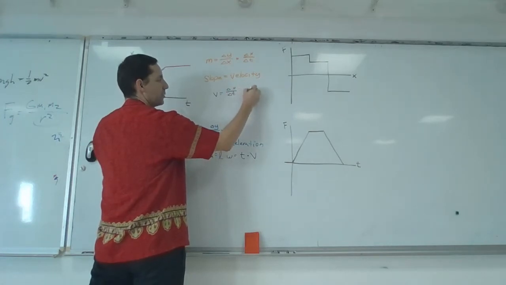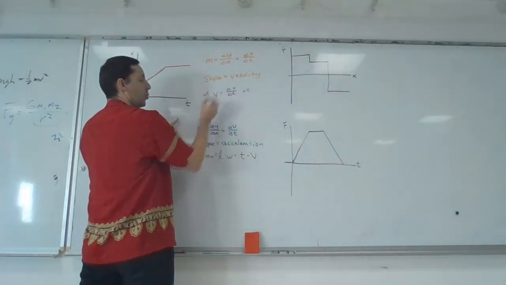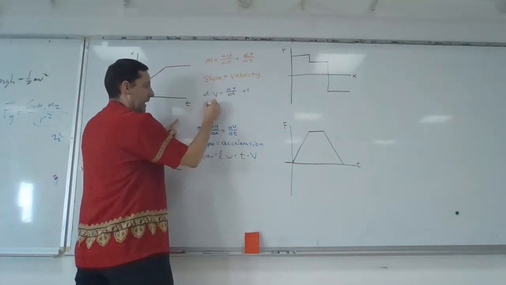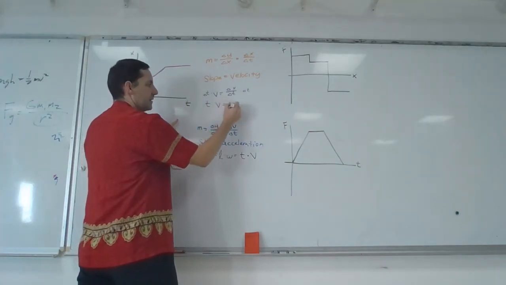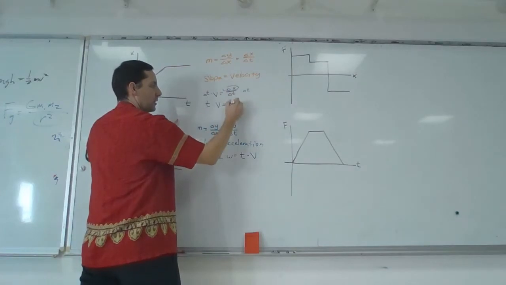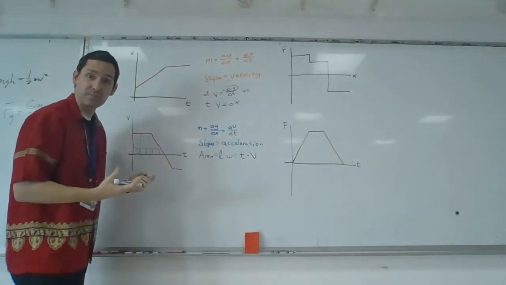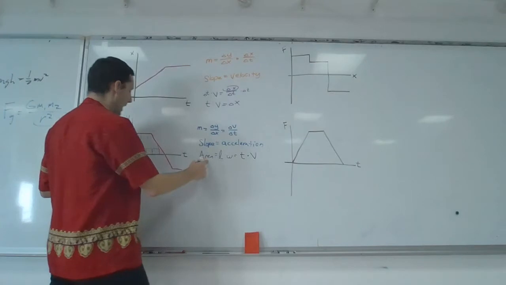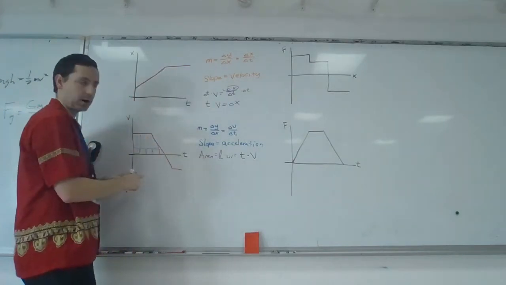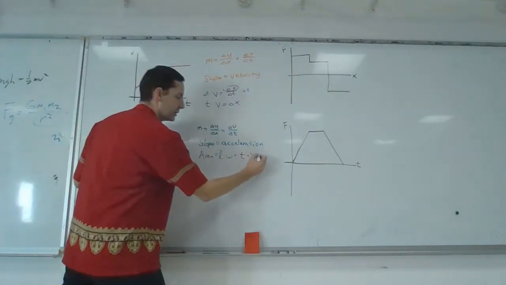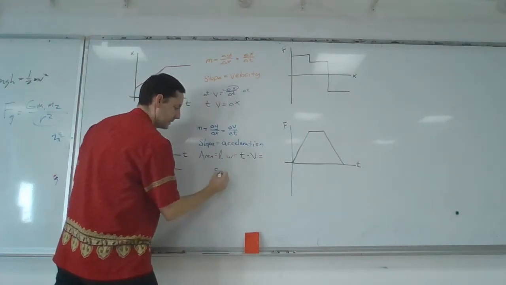If I multiply both sides by that delta t, what I get is that the time times the velocity is equal to the displacement, the change in the position. So the area of my velocity versus time graph was t times v, which is the displacement.